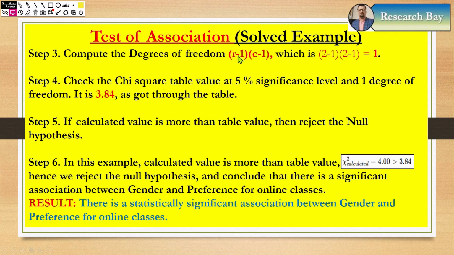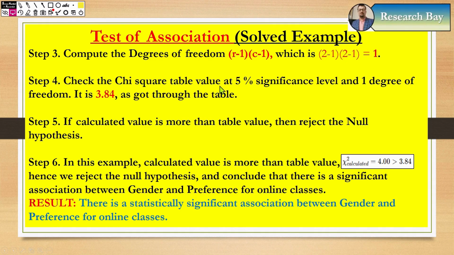So since we had two categories in this, male and female, and we had two preferences, whether they like or dislike, it's a 2 by 2 contingency table or crosstabs. So number of rows is 2, number of columns is 2, right? So 2 minus 1, 2 minus 1 gives us 1. Okay, so we multiply R minus 1 by C minus 1 and we get 1.